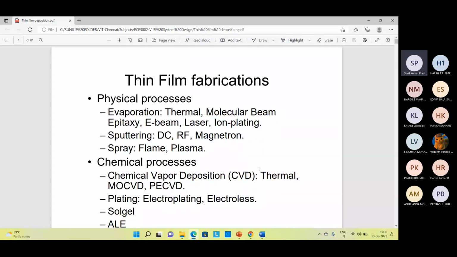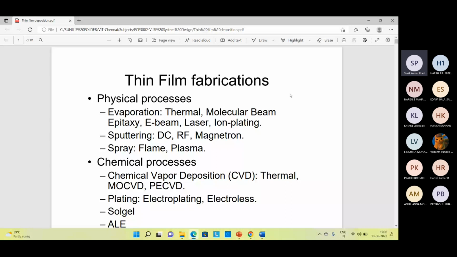So there are three categories of CVD: thermal CVD, MOCVD, and PECVD. And under plating, electroplating and electrolysis are there. So these are some broad categories of thin film fabrications. We'll study them one by one.